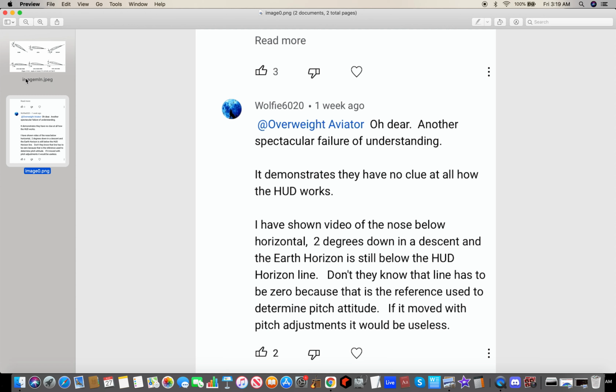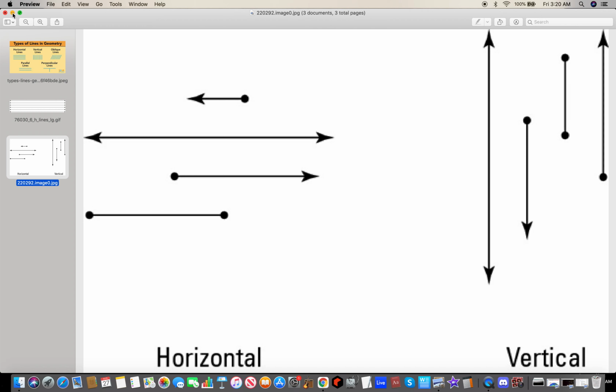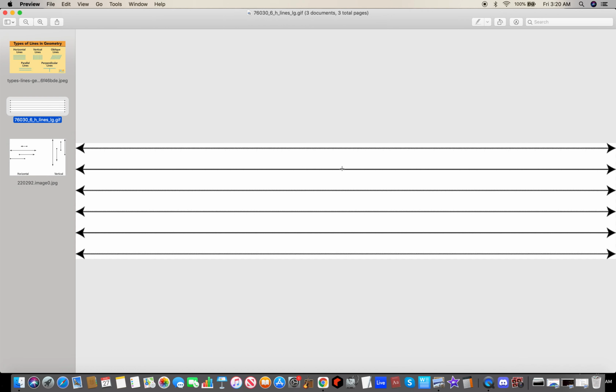That is kept parallel, like that's going to be parallel with the horizon. So I'm just going to go back to here. So if we look at these, right, let's say we use this middle one here, 1, 2, 3 down, this is Wolfie's HUD, right? Right. He's 6 miles above the Earth's surface.